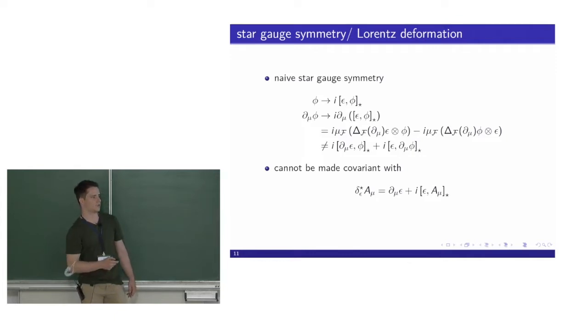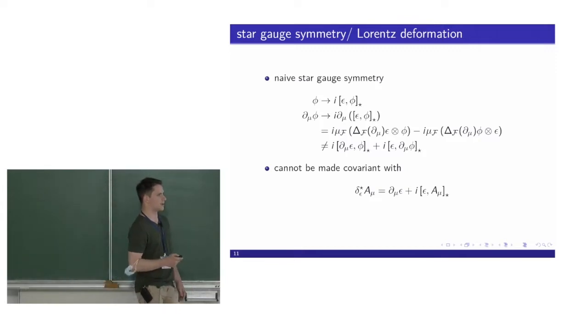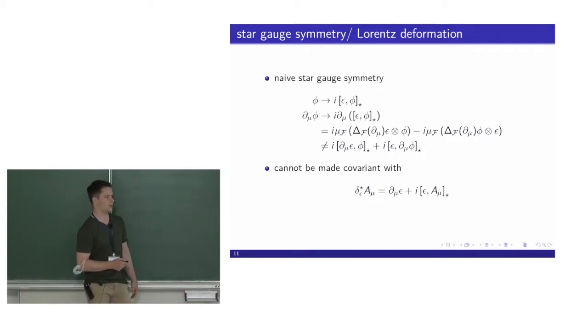Which means that this doesn't reduce to the usual Leibniz rule, so it doesn't give the sum of these two commutators. It gives something more complicated, and especially something that cannot be cancelled by the usual transformation rule of the gauge field that we've seen for the canonical case.